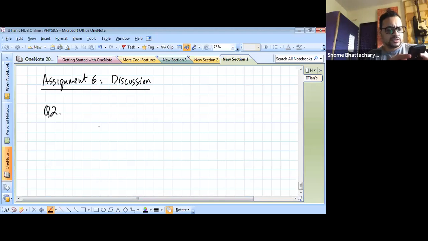So question 2 has given us two vectors. A, which is given as 3i cap plus 4j cap, and the vector B, which is given as 7i cap plus 24j cap.